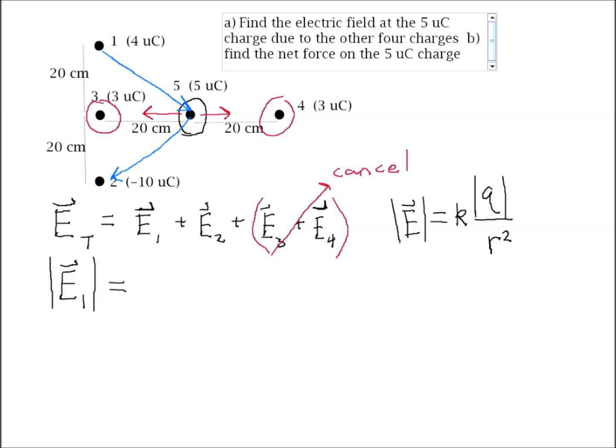Now the Coulomb constant, K, is 8.99 times 10 to the 9, in units of newton meters squared per coulomb squared. So there's K. Q in this case is charge number 1.